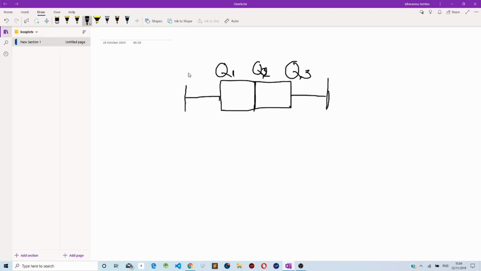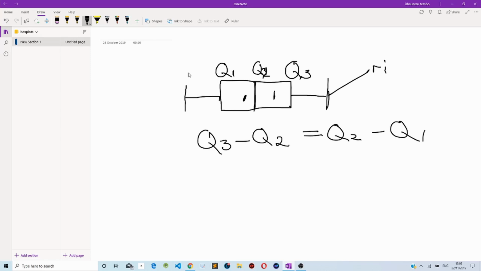In this case, Q3 minus Q2 is equal to Q2 minus Q1. So the length of this box is equal to the length of this box, and also the whisker on the right is equal to the whisker on the left.